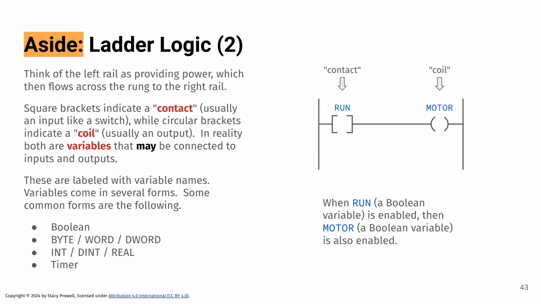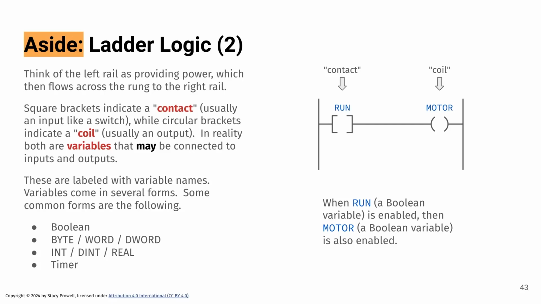Over there on the right-hand side, we have run and motor labeling those two things. And those are variables. So run is a Boolean variable, and motor is a Boolean variable. Run could be, let's say, true or false, true indicating it's closed. Motor could be true or false, true indicating it's running.